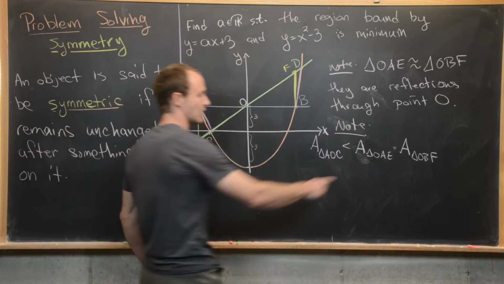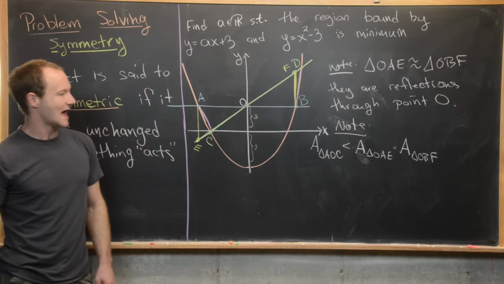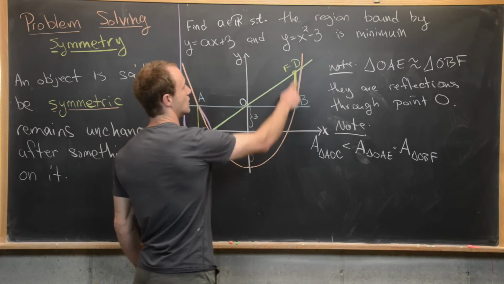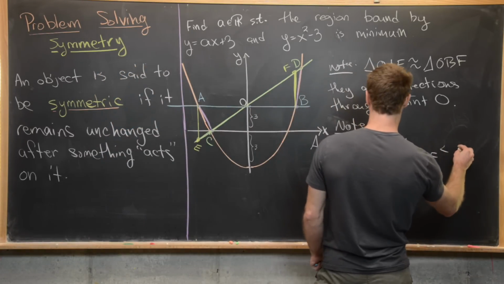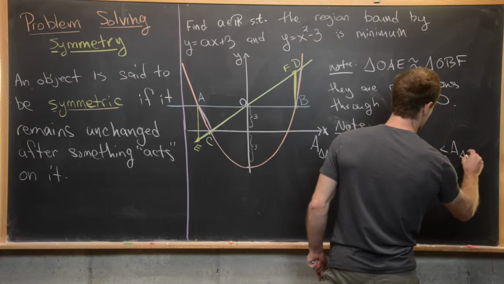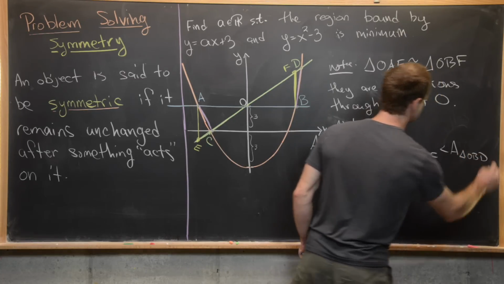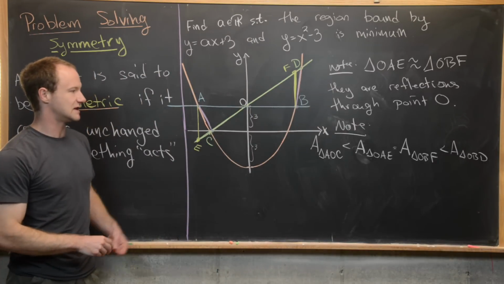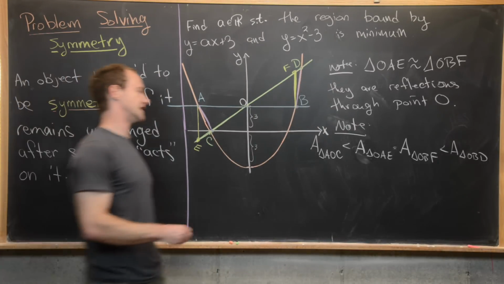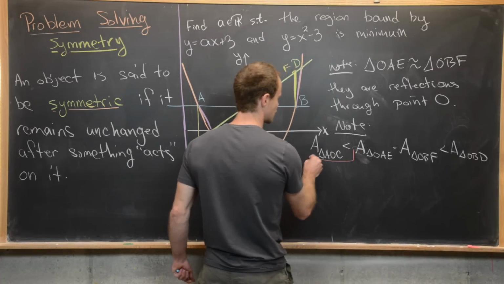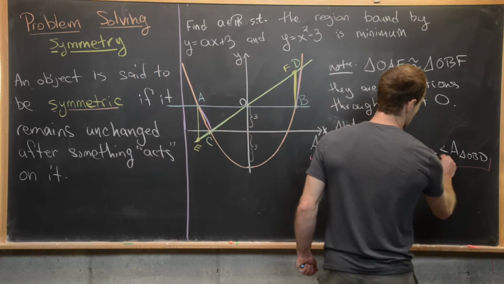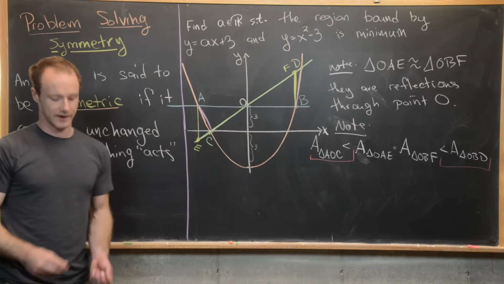And then the area of triangle OBF itself is going to be smaller than the area of the triangle OBD. So now let's look at the extreme left and right hand part of this inequality. So we've got this triangle AOC is less than the triangle OBD in area.